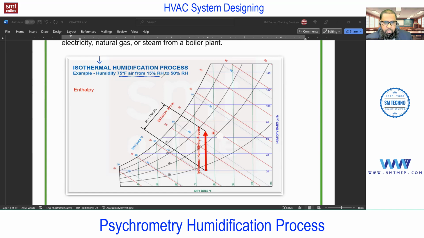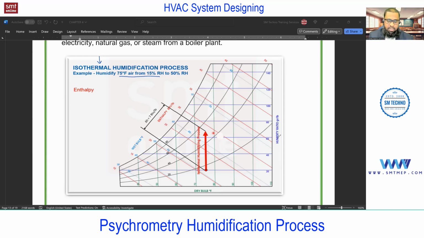We are interested to maintain 50% RH. In this, we are not disturbing the temperature, we are just increasing the RH. As per the process, temperature is constant, we are just increasing the humidity. Increasing the humidity is called humidification, by introducing steam.